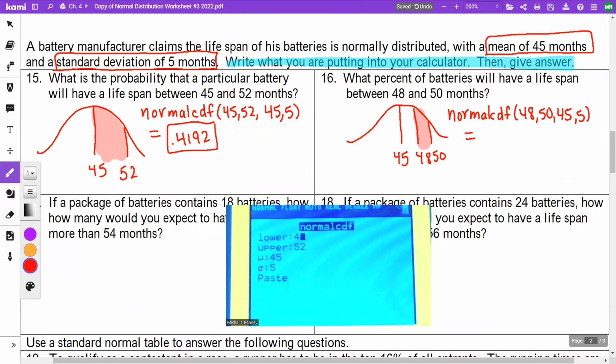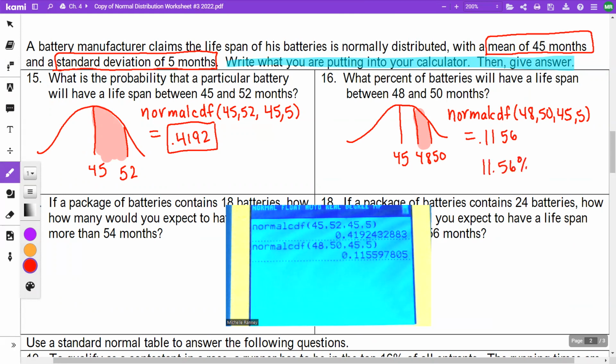So 48, 50, 45, and 5. So it's 0.1156. So that's going to be 11.56% because they wanted this one as a percent.